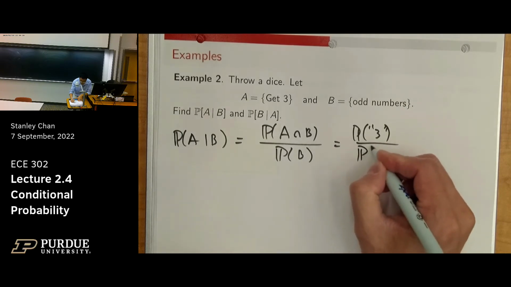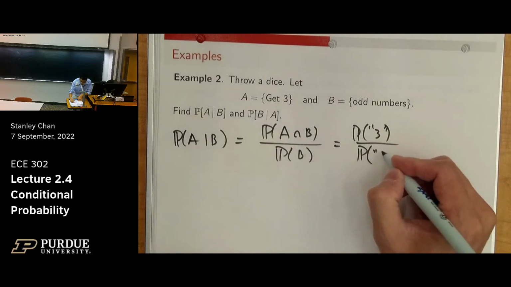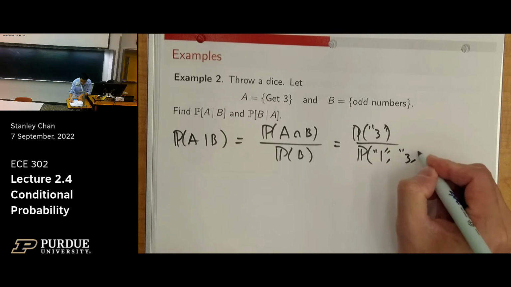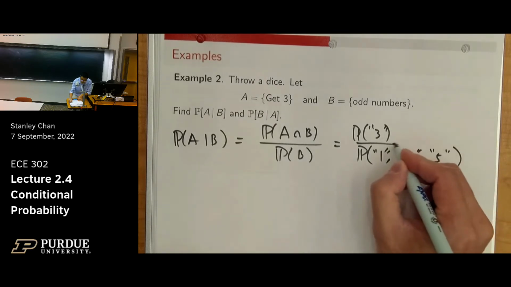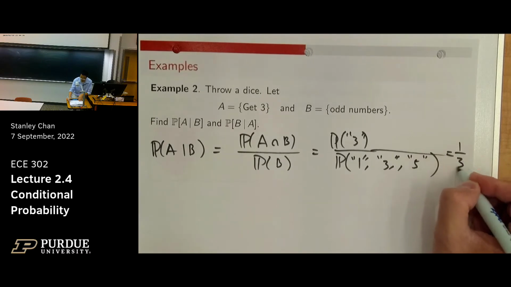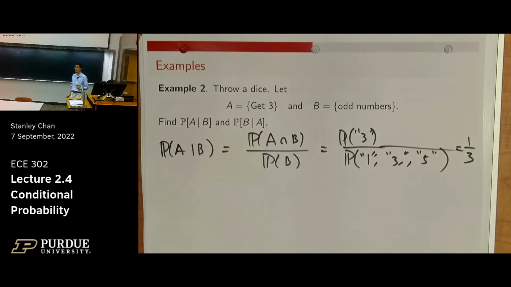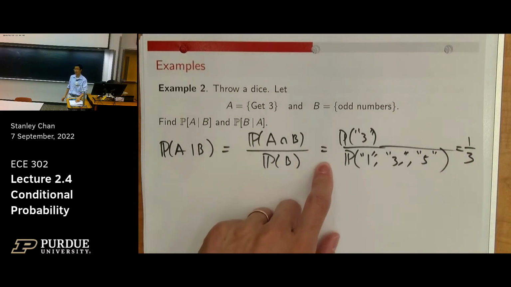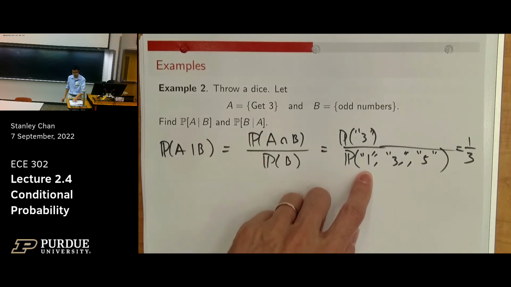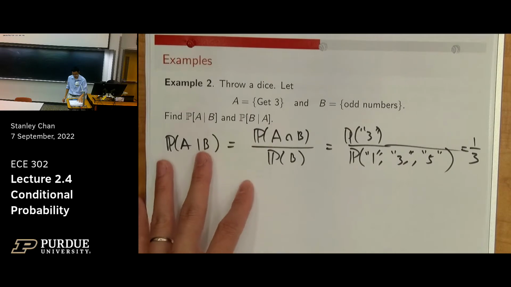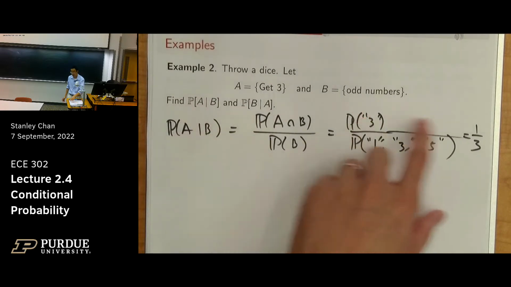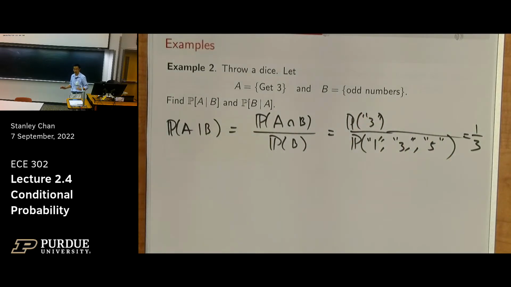And then the probability of B is 1, 3, and then 5. So this is 1 over 3. The operation here is just a set operation. I'm not doing any probability until here, I just count 1, 2, 3. So there are 3 events in the denominator, 1 event in the numerator, so it's 1 over 3.